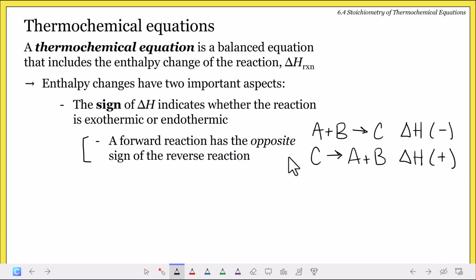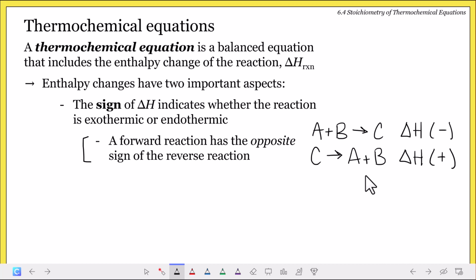So now if we take the reverse reaction here, we're saying that heat is moving into this system. So whenever you flip one of these thermochemical equations to represent the reverse reaction, you always change the sign. A forward reaction has the opposite sign of the reverse reaction.